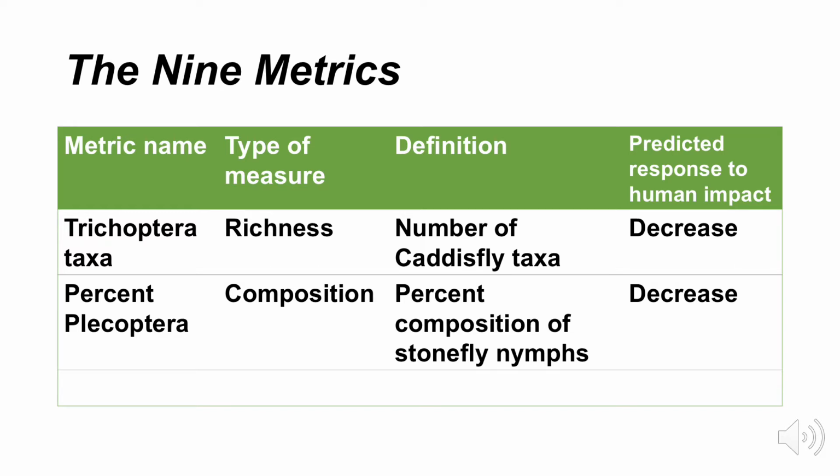So that's our 5th metric. We're interested in the composition of the benthic macroinvertebrate assemblage that are stoneflies, the percent composition of stonefly nymphs. Basically, the more impact humans have had on the stream, the lower the composition of stonefly nymphs.